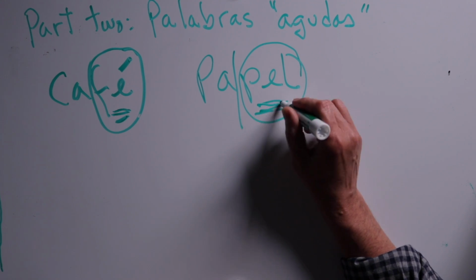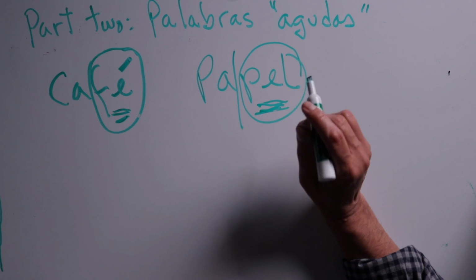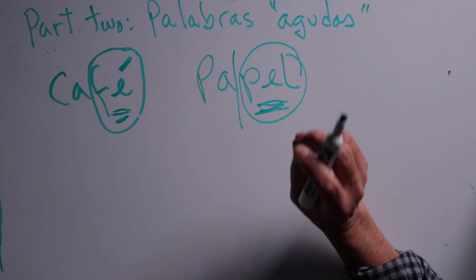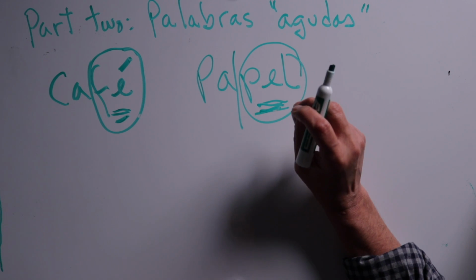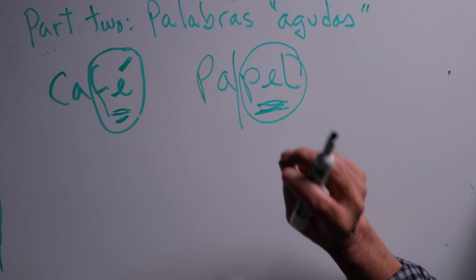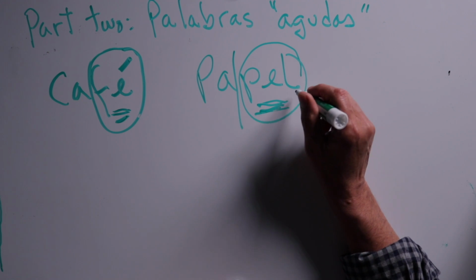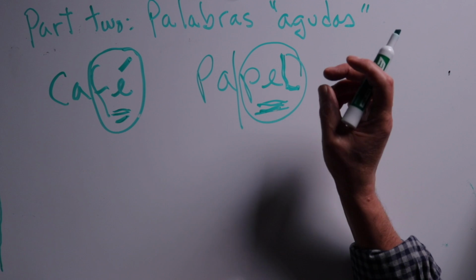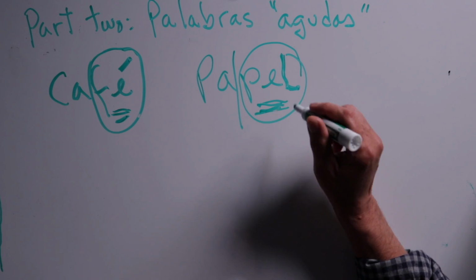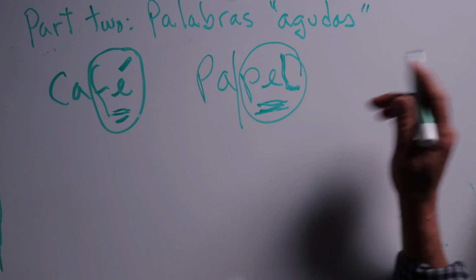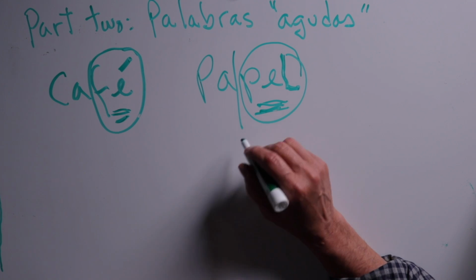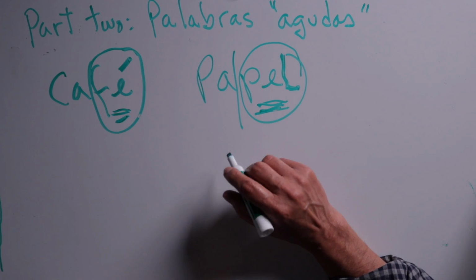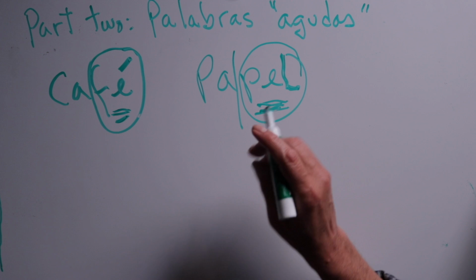Now, if I ask you, do I have to write down the acento, yes or no, I hope that you will say, of course not. And if you say that, you are absolutely right, because this palabra aguda is ending in something different than N, S, or a vowel, ending in L, exactly like the word azul. Therefore, it does not carry acento, right? But it's a palabra aguda like the other one.